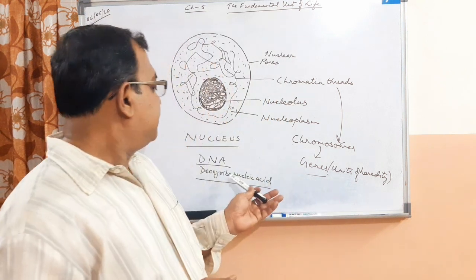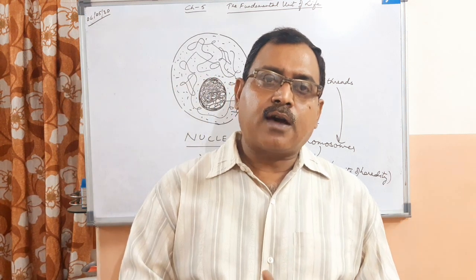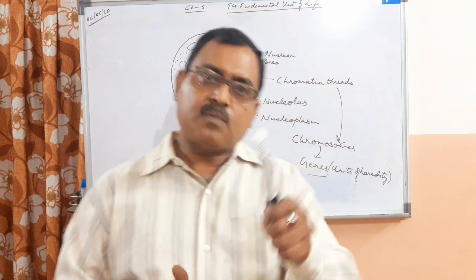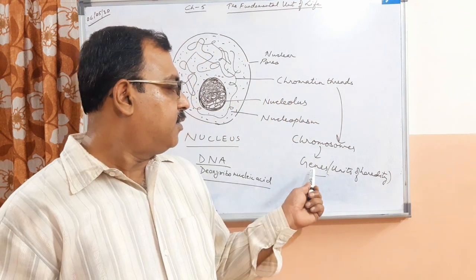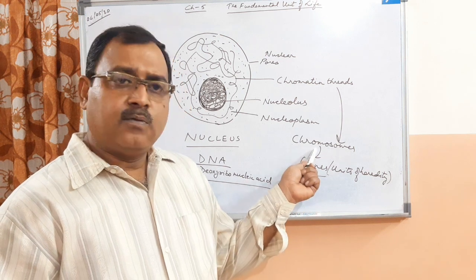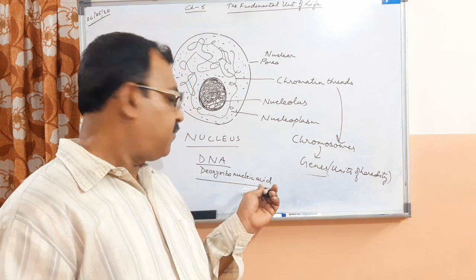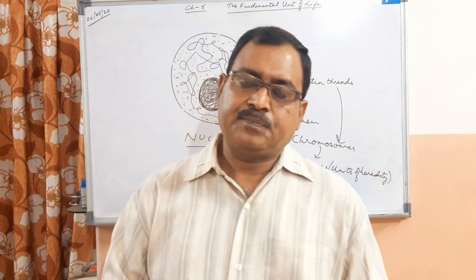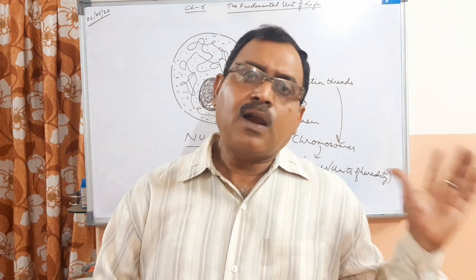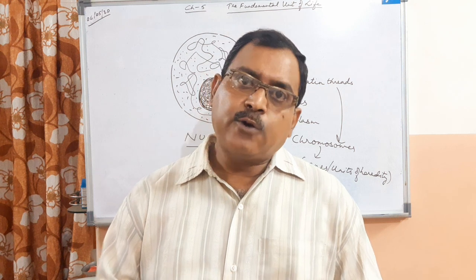So generally, all the characteristics which are developed in an organism, it is because of the presence of genes which are present in chromosomes, and chromosomes are made up of DNA. Now, this is all about eukaryotic cells.